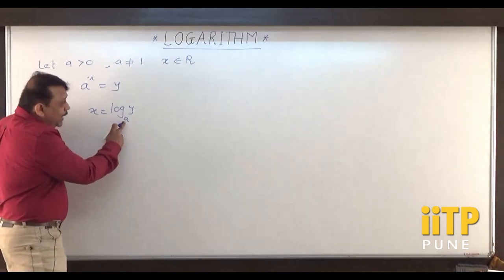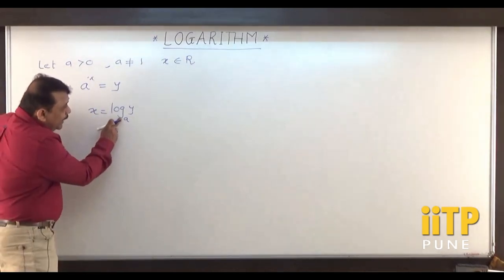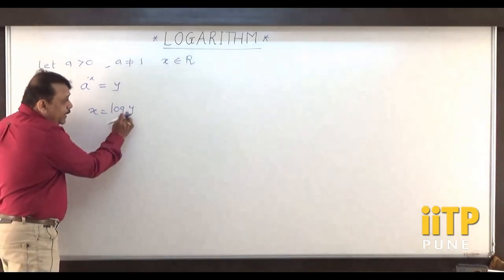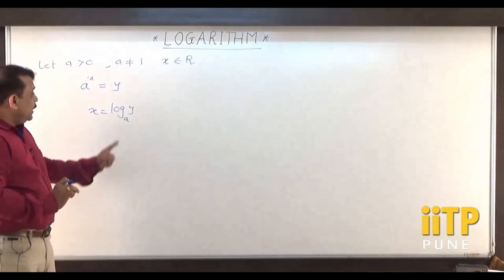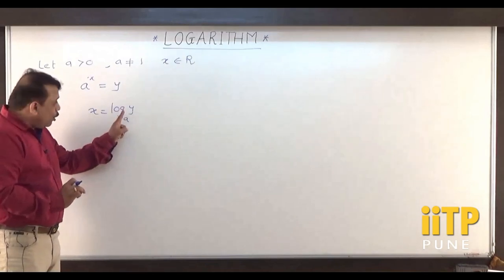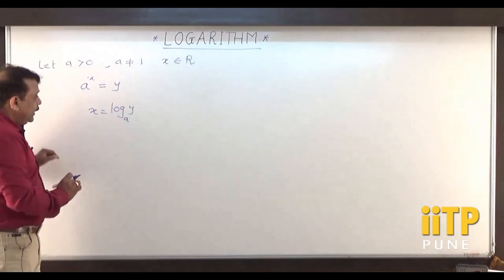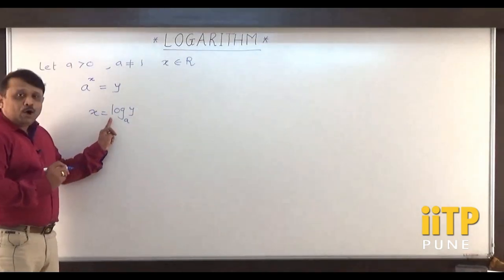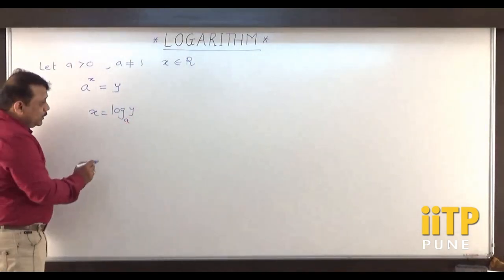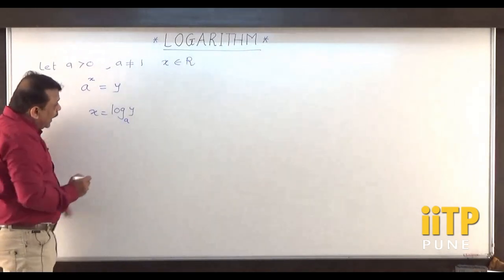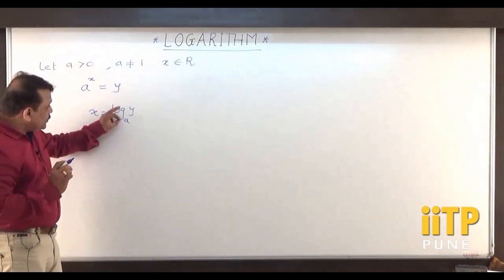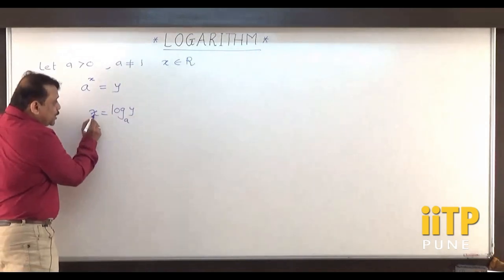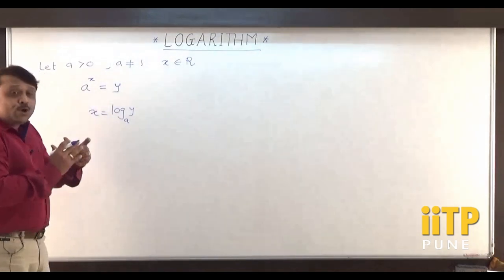This base a is written at the tail of this letter G, and this y is the quantity which is written exactly near what? This y. So we write x is equal to log y to the base a. So this is the base a which is written at the tail of this G, and y is written in front of what? G. So x, the power of a, is called logarithm.